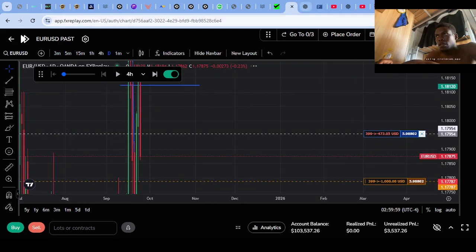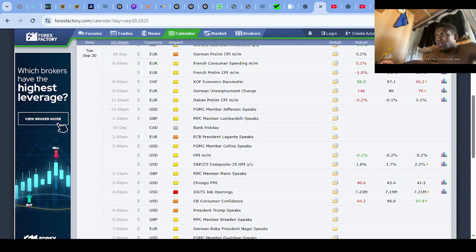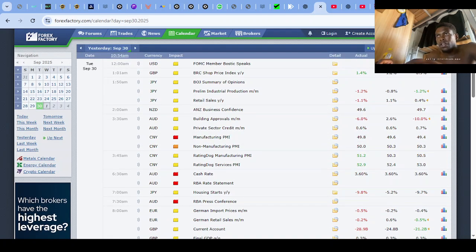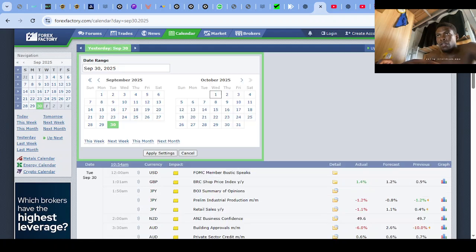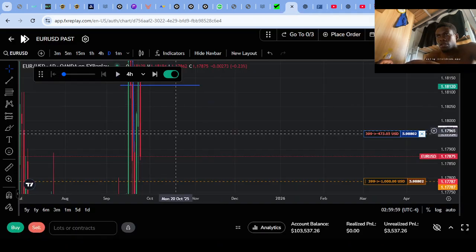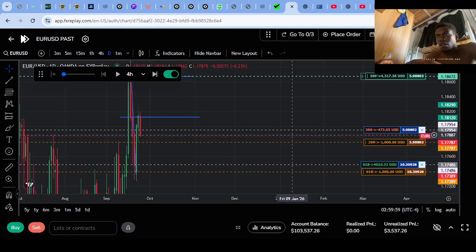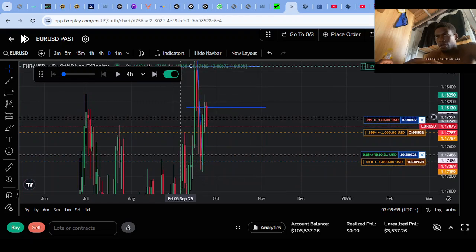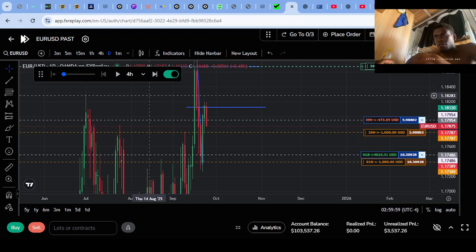So on the daily, first of all, we go onto the calendar, and if we look at the calendar on Wednesday, it was basically a trading day, and on the daily, price is going up. But look at the reaction here. It's reacting from here, so we gotta be careful. Okay, we have to be careful.